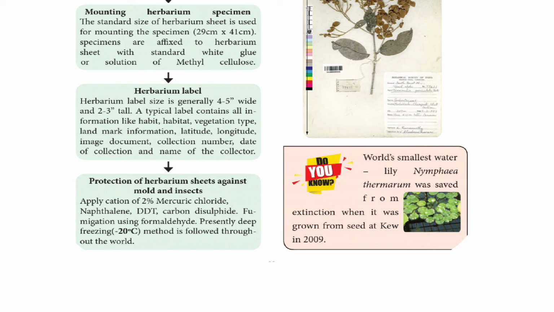So this variety was an extinct one, but now it was saved and it is growing, that is, it is grown in Kew with the help of the seed. So this type can be saved by knowing that it is going to be endangered. So having the Kew herbarium, they take the seed and they grew this Nymphaea. Okay.